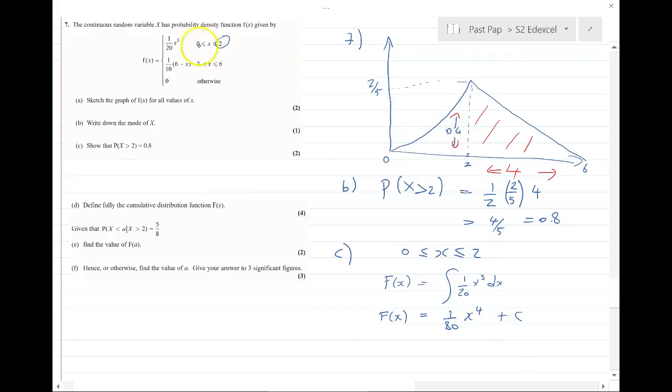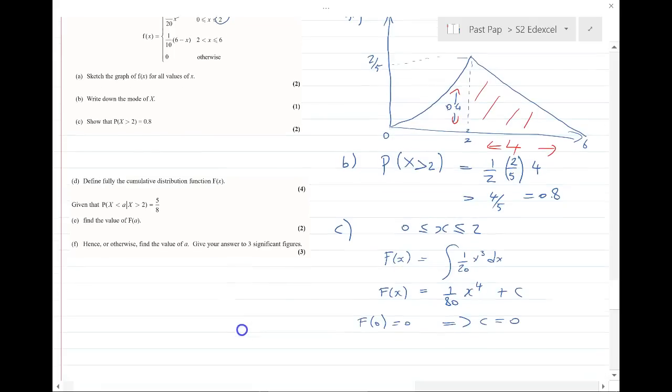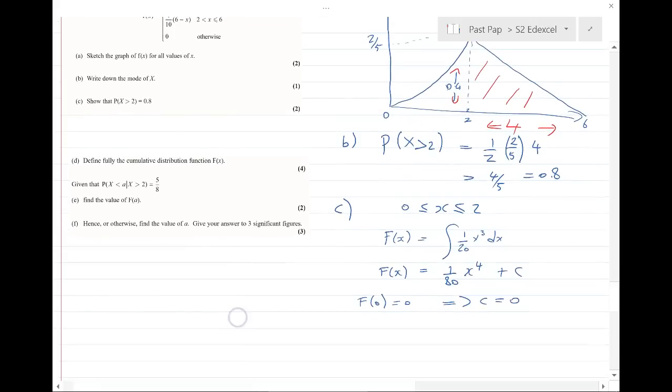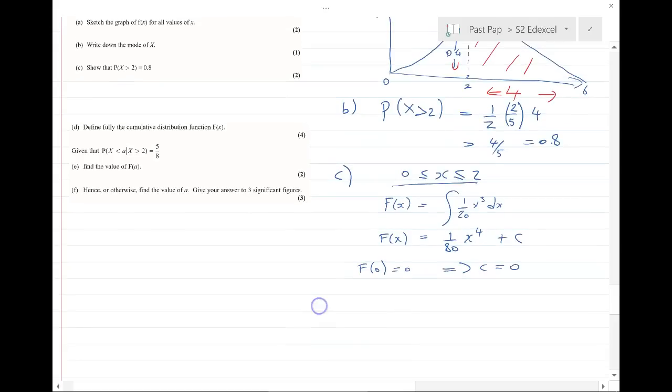If ever we start off at 0 in these cases, the constant will be 0, because F(0) equals 0, so that implies c equals 0. Okay, so that's for x between 0 and 2.